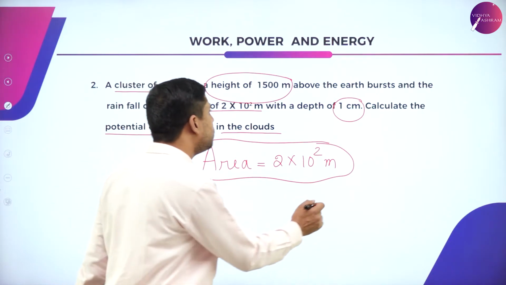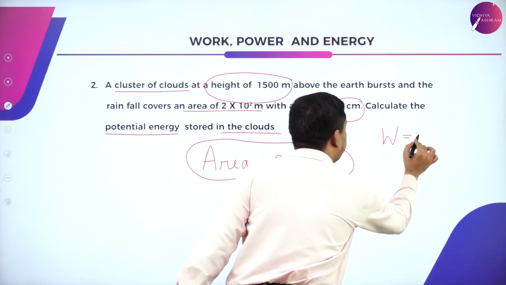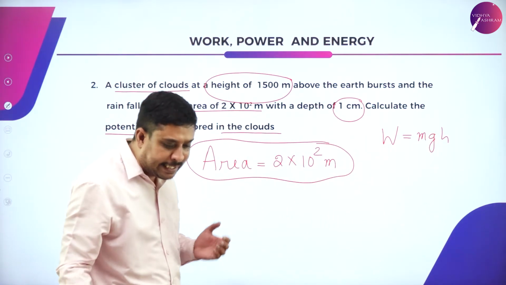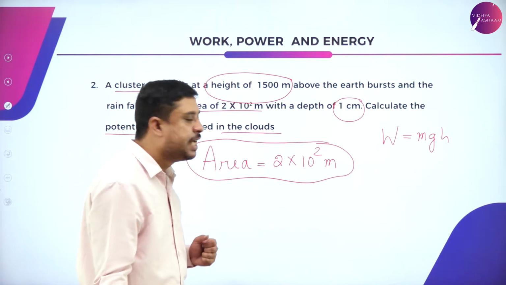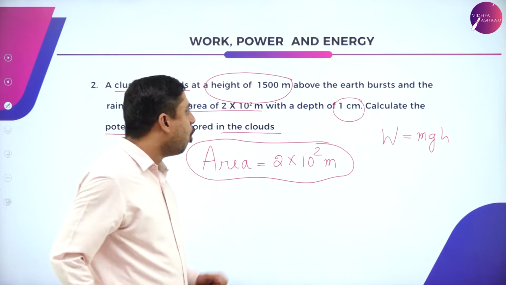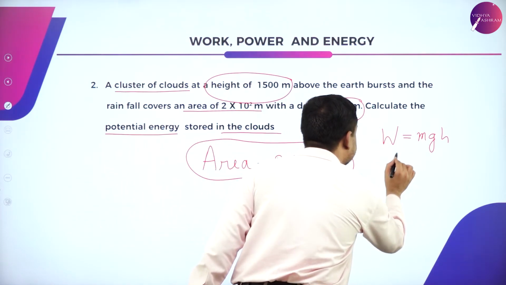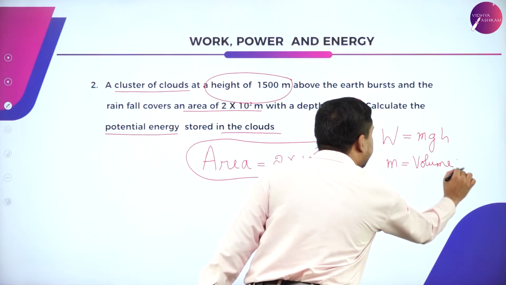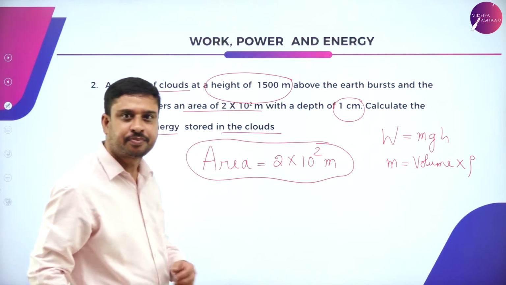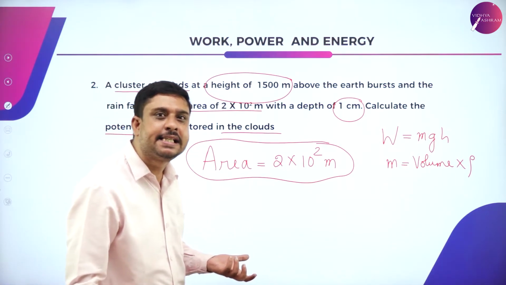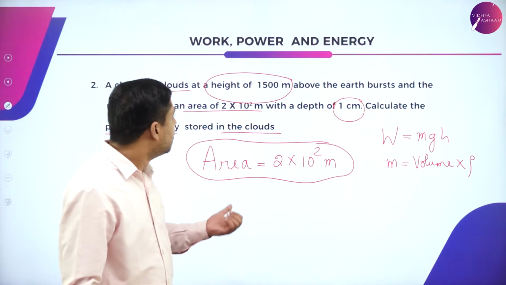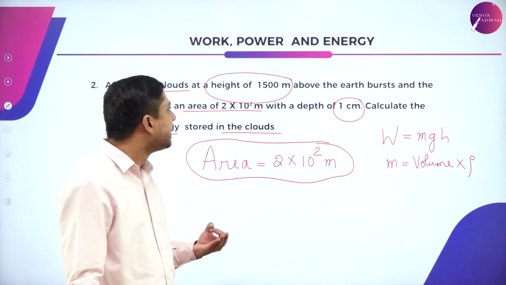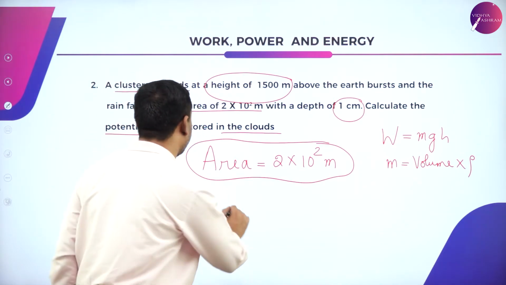Potential energy is nothing but the work done here, which is mgh. So I have h, g is known. The only thing I want is mass, where mass is volume into density. Again, density is known. So, here the hint lies in calculating volume.